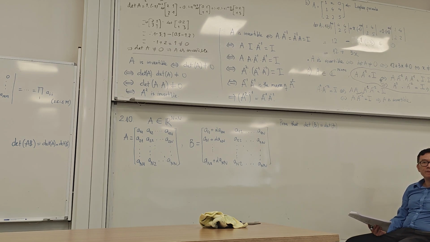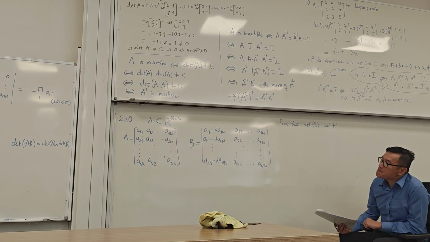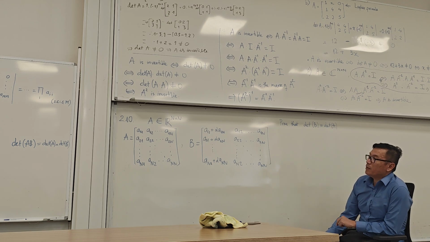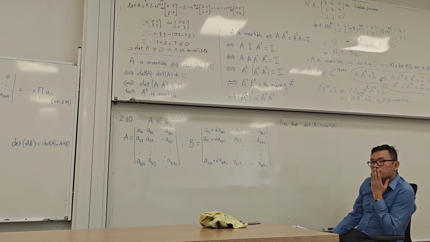We can rewrite B as a matrix multiplied with another matrix. And then I find the determinant of B, and the determinant of B is the determinant of the matrix multiplied with the determinant.